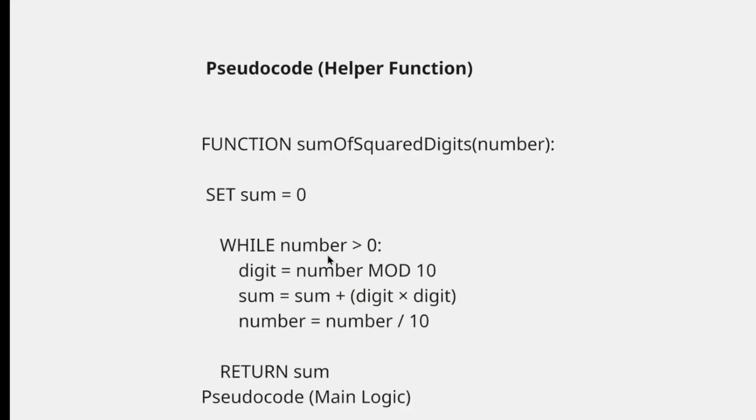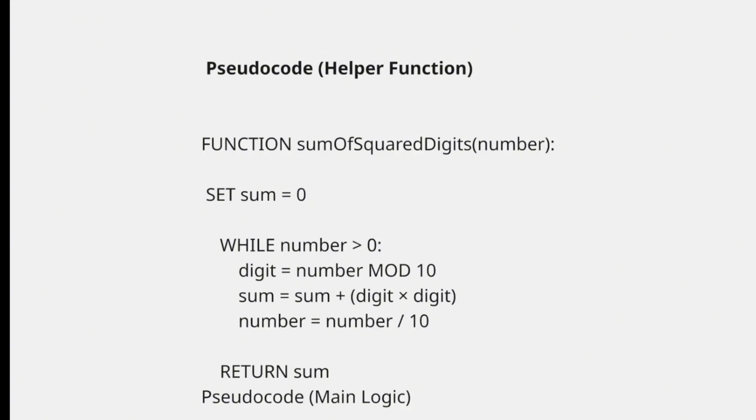We start with sum as 0, and this will accumulate our total. We keep looping as long as there are digits left to process, until the number becomes 0. We grab the last digit of the number using modulo 10. For example, 82 modulo 10 gives us the remainder 2.